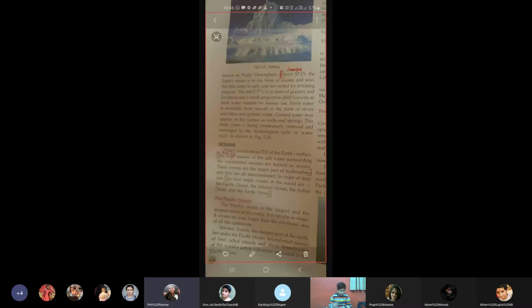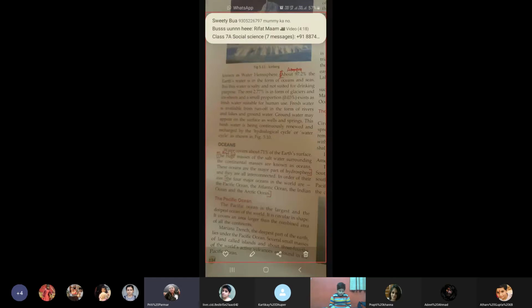Now, come to the next paragraph. Underline Mariana Trench. The deepest part of the earth lies under the Pacific Ocean. Now, Mariana Trench, as I told you, is the deepest point under the ocean bed. So it is here in this Pacific Ocean, which is the deepest point, and it is known as Mariana Trench. Okay, several small masses of land called islands, and about three-fourths of the world's active volcanoes are found in the Pacific Ocean. So these two things are very important. Many islands are found in the Pacific Ocean.